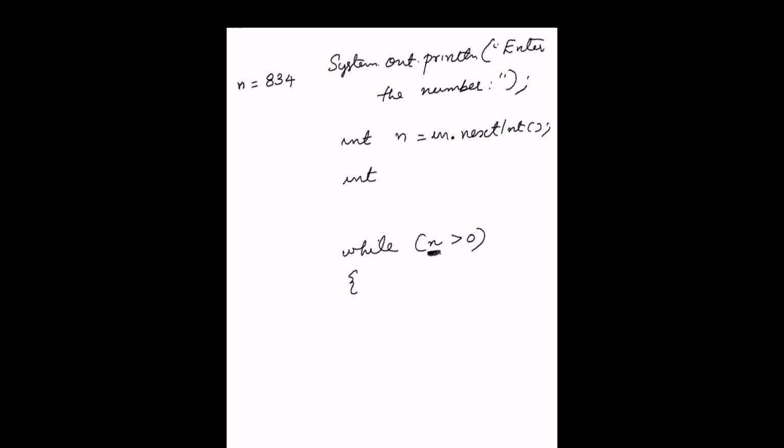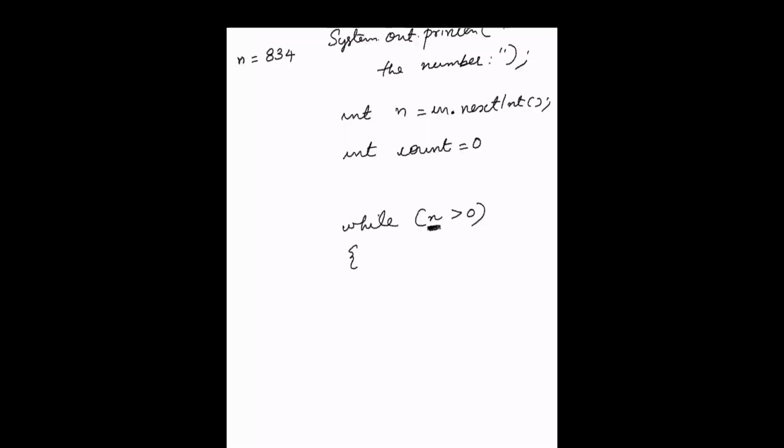Now here I need a counter variable because I need to count the number of digits, which I am going to initialize to 0. The number of digits is going to be 0 first. Then inside here, I will write n equal to n by 10.